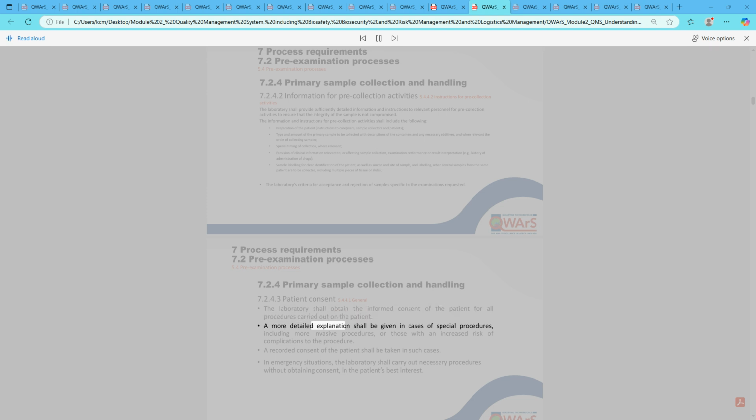A more detailed explanation shall be given in cases of special procedures, including more invasive procedures, or those with an increased risk of complications to the procedure. A recorded consent of the patient shall be taken in such cases. In emergency situations, the laboratory shall carry out necessary procedures without obtaining consent, in the patient's best interest.